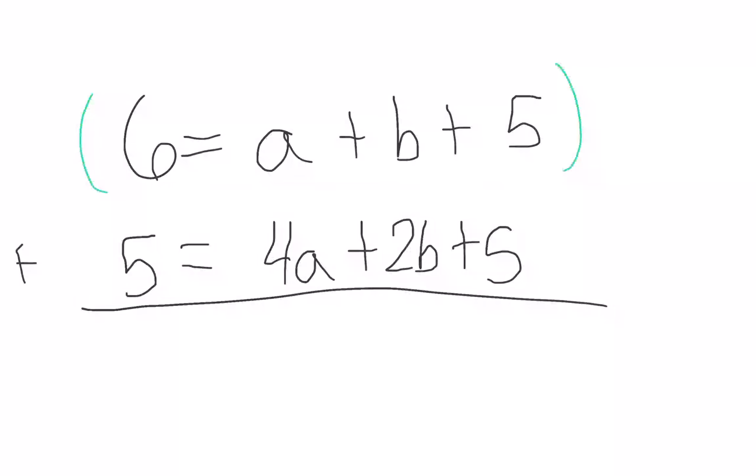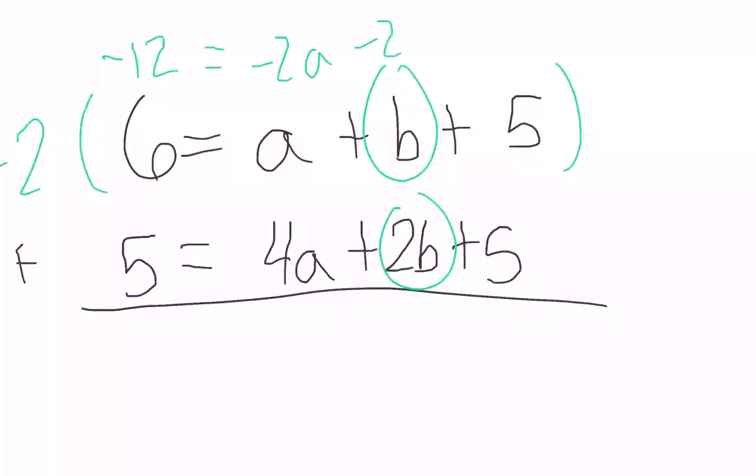So I'm going to multiply this whole thing by negative 2 so the b's cancel. That gives me negative 12 equals negative 2a, negative 2b, and negative 10.